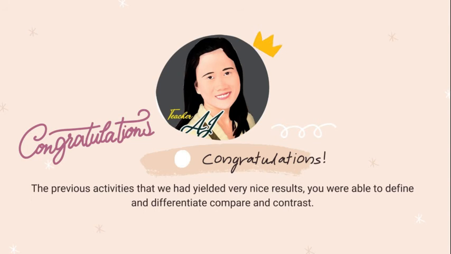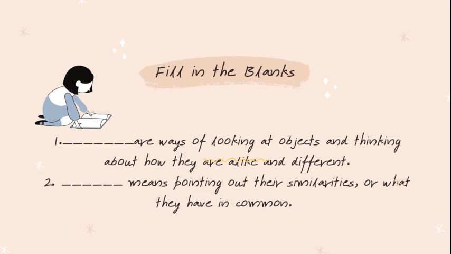Now that you've learned a lot from the varied activities in our module this time, let's summarize our lesson by filling in the blanks with the appropriate word or phrase that correctly fits in each of the sentences about compare and contrast. Number 1. Are ways of looking at objects and thinking about how they are alike and different. Number 2.